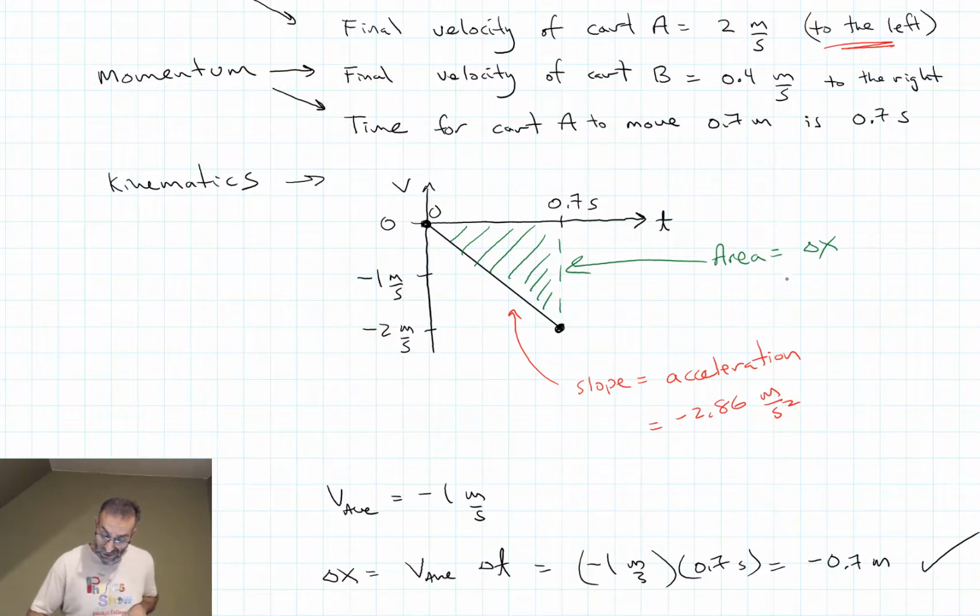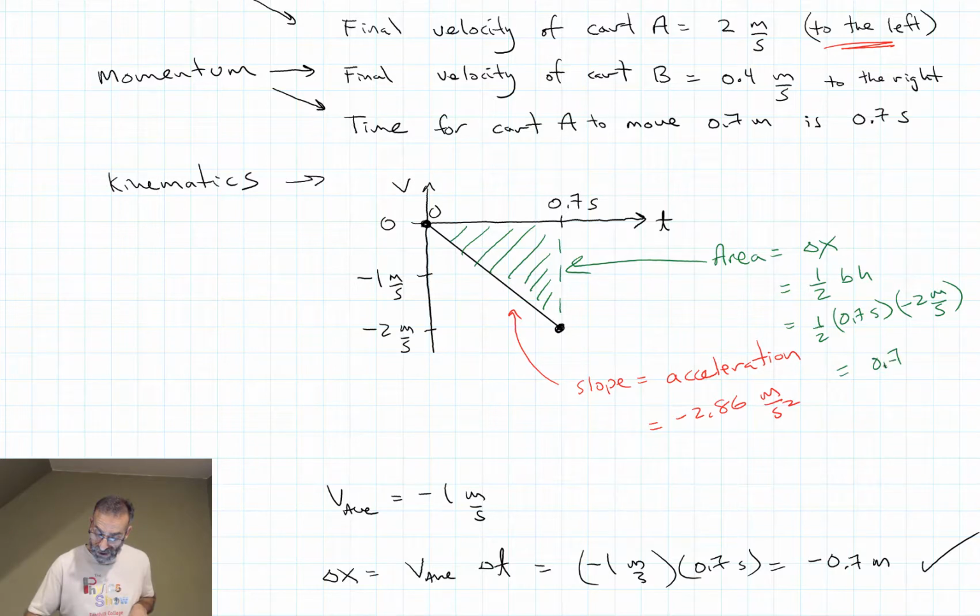And the area under the curve is, this is just a triangle, 1/2 base times height. So it's 1/2 times 0.7 seconds times -2 meters per second. So I'm getting -0.7 meters. The displacement is 0.7 meters in the negative direction.